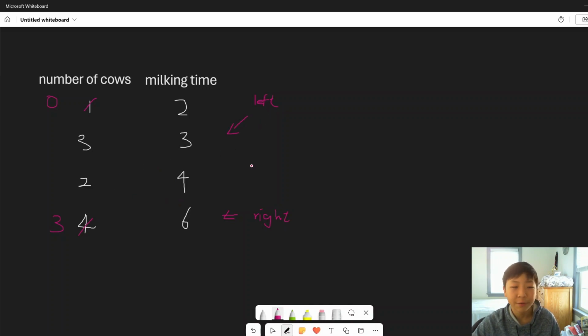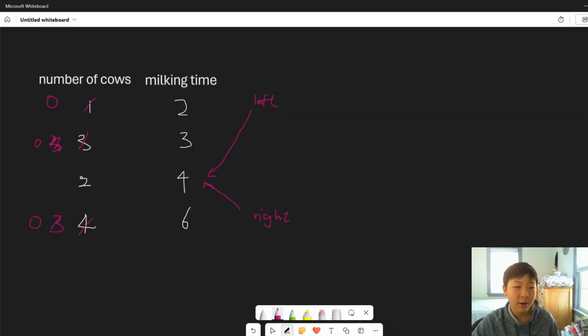Now we're going to compare the left and right again, and we can see they both have 3 cows, which we're going to erase, and we're going to change it to 0. Now both of them don't have any cows, so let's increment the left and right. So they're all going to be pointing at this cow over here.